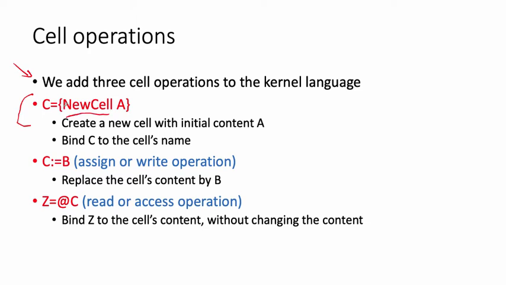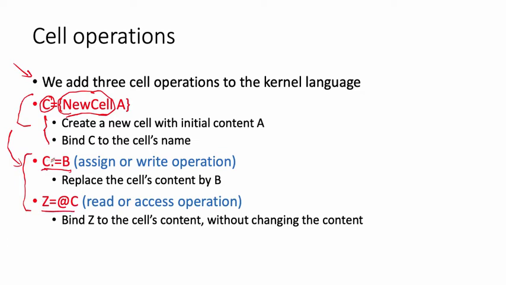If you do not call new cell, you will have no cells. You have to call new cell if you want a cell. This creates a new cell with initial content A, and C will be bound to the name of the cell. Then we have 2 operations on cells: the assignment and the read operation.